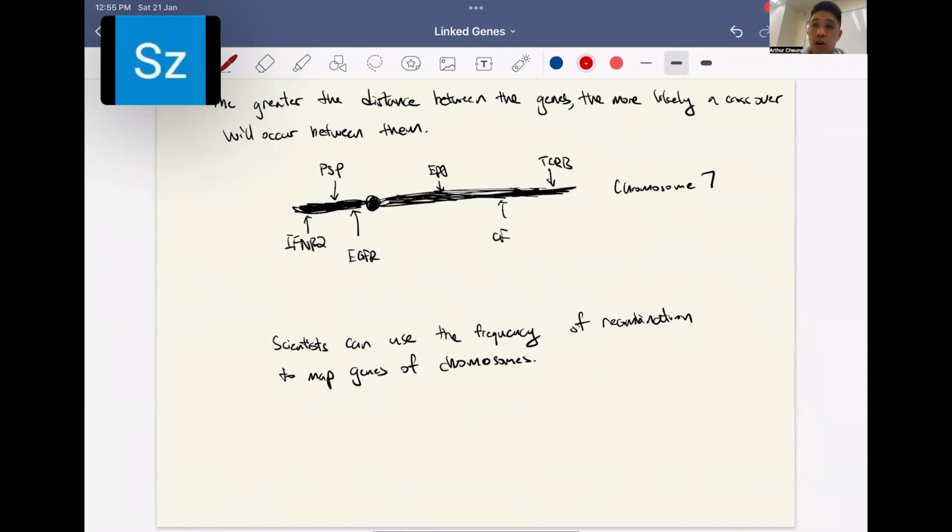The distance between PSP and CF gene is greater than the distance between EGFR and CF. That means crossing over is more likely to occur between PSP and CF than between EGFR and CF. So scientists can use this information and the frequency of recombination to map the genes on chromosomes.